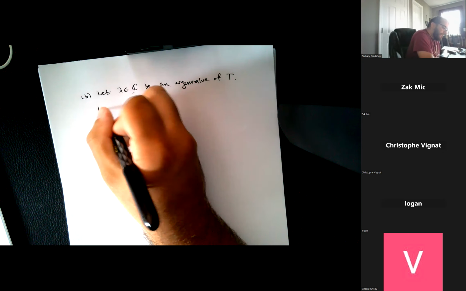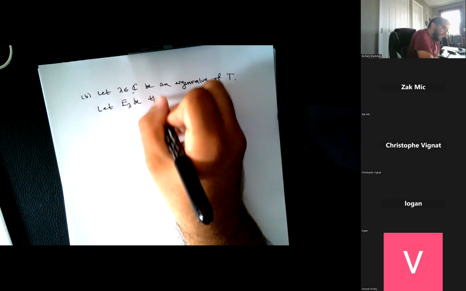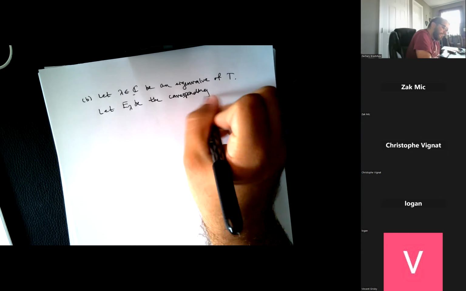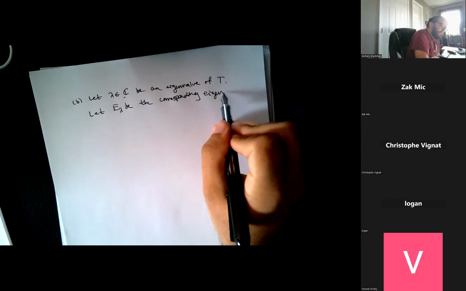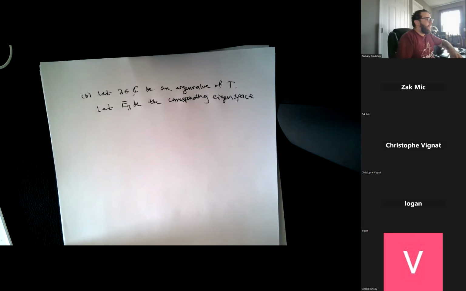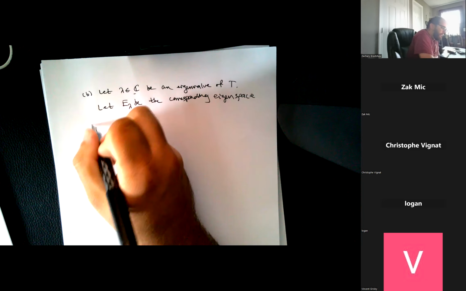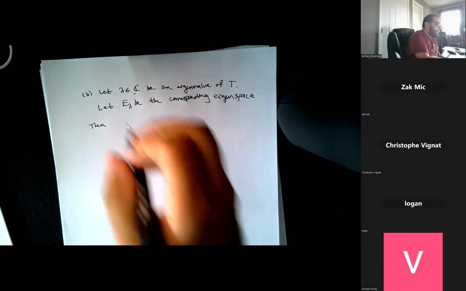Okay, so let E lambda be the corresponding eigenspace. So this is the space of all eigenvectors associated to the eigenvalue lambda. And what I want to show very quickly is that this eigenspace is actually G invariant.